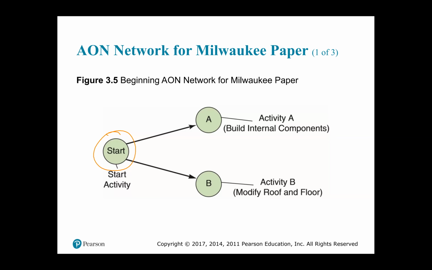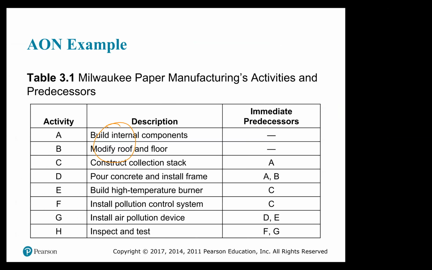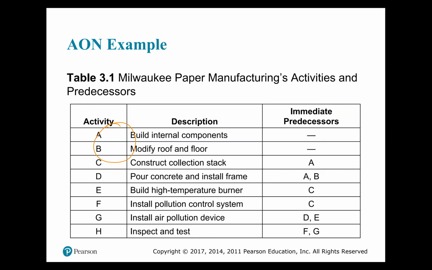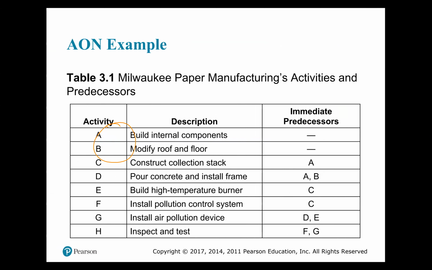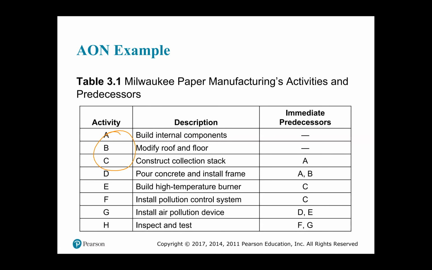So when you look back at the table, you will see that for activities A and B, under the immediate predecessor column across from activity A and B, you will have a dash. So let me go back and show you that. So here, activities A and B under the immediate predecessor relationship, you will see a dash.